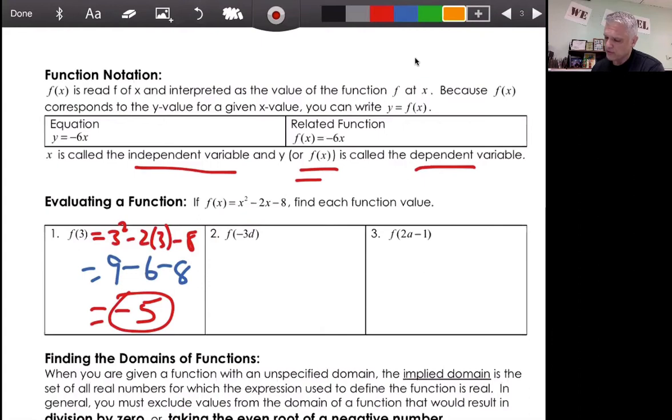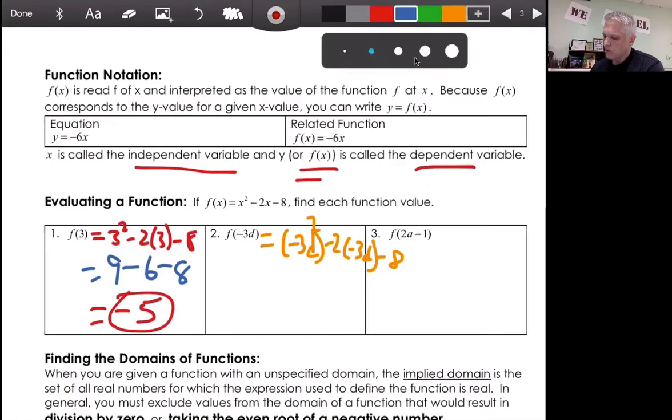So instead of x squared, it's going to be negative 3d squared, minus 2 times, instead of x, negative 3d. And then we're going to have minus 8 at the end. Now we're just going to simplify. Okay? We're back into simplifying an algebraic equation here.